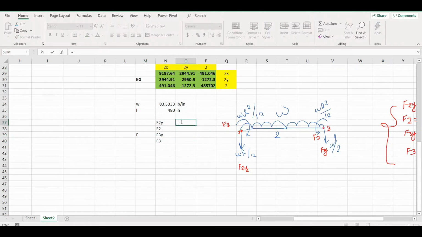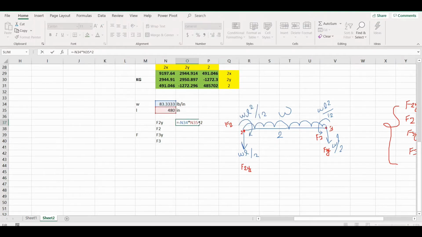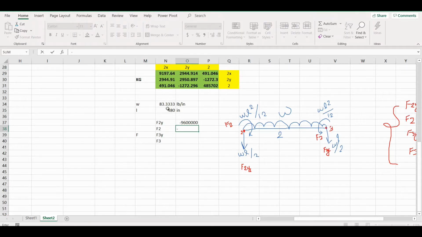Therefore our F2y will be equal to omega into L by 2. Now this is acting downwards, so minus omega L by 2. F2, which is the rotation there, we can write here minus omega into L square by 12. This will be equal to this one, and this will be equal to minus of this one.